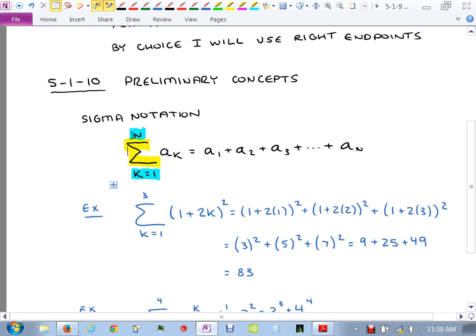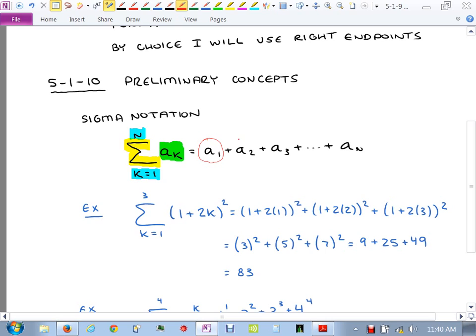So if I write down a sub k, that's the thing that I'm going to start adding up. The k here is the subscript. So the way the summation works is you start at 1, the starting point. So I write down a, replacing the k with 1, I get a sub 1. Then plus, now let the index go up by 1 to 2.